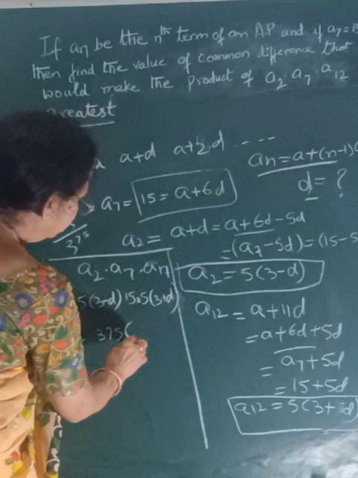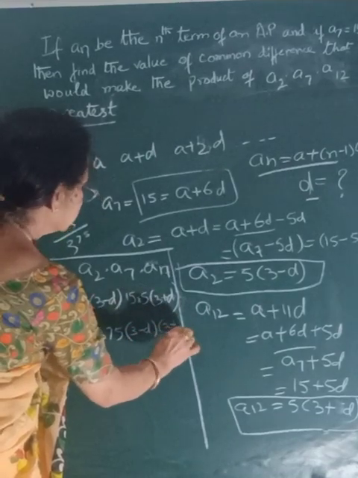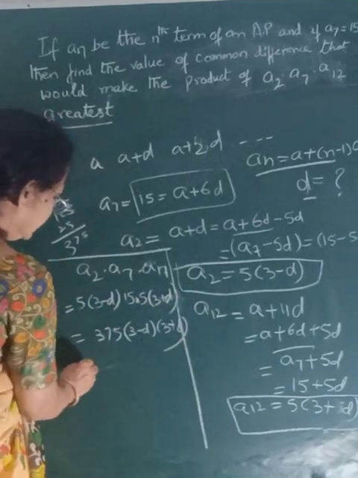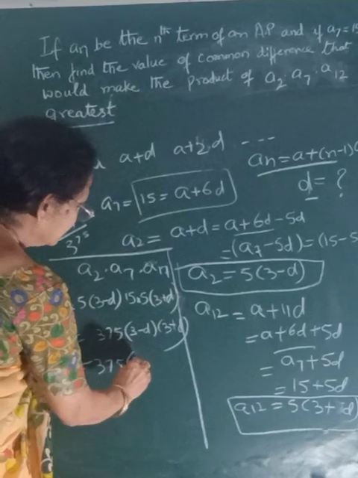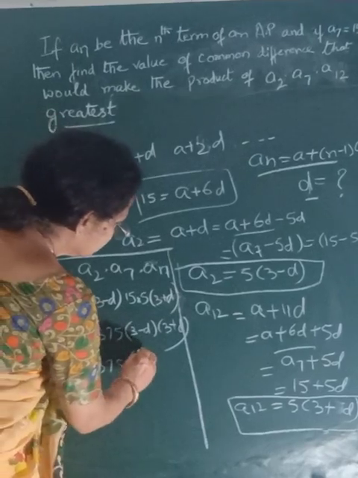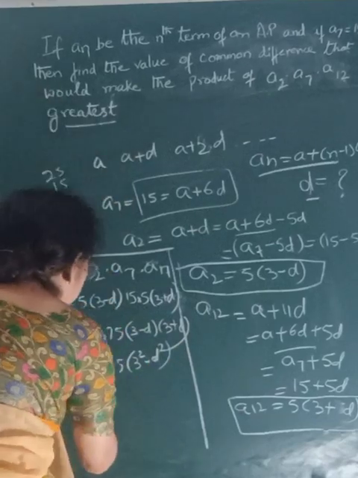So 375 into (3 minus D) into (3 plus D). Okay, this is equal to 375 into (3 square minus D square).